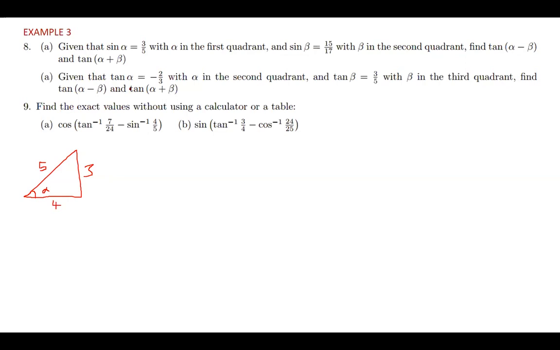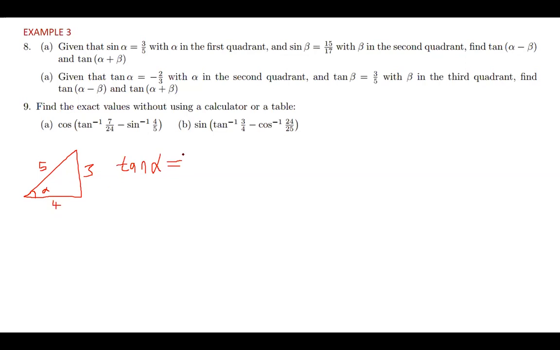Then since it's in the first quadrant, let me try to find tan now, because my question is saying tan alpha minus beta is what I'm supposed to find. So tan alpha is going to be equal to, tan is opposite over adjacent.